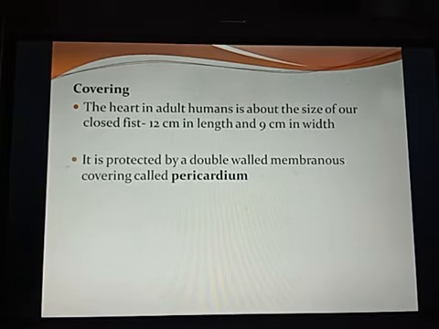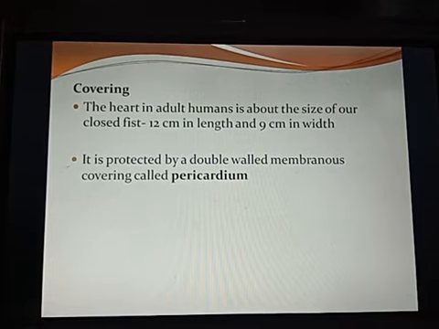Coming to the covering, the heart has a protective covering of a double-walled membranous sheath, which is called the pericardium. In between the two layers of the pericardium, a pericardial fluid is present.